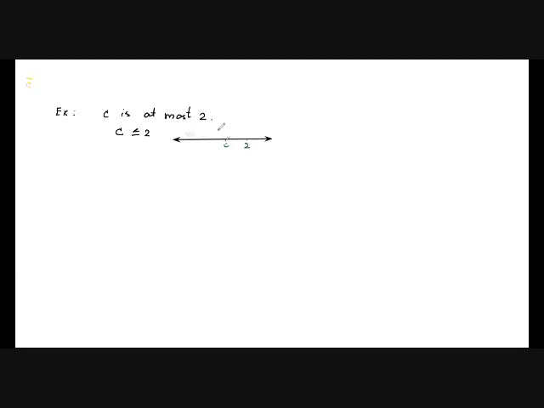Because it is less than or equal to 2 and has the equal sign underneath, this one must be included. We draw a black dot and move one line to the left-hand side. So that represents C, C is at most 2. Right now we are talking about real numbers, so we draw the whole thing with a dark line. Now we take a look at the next example.